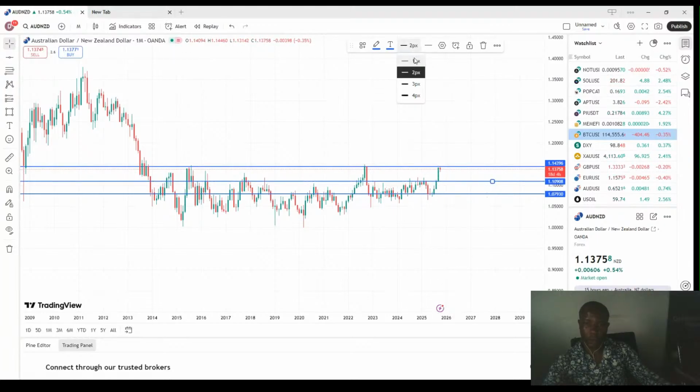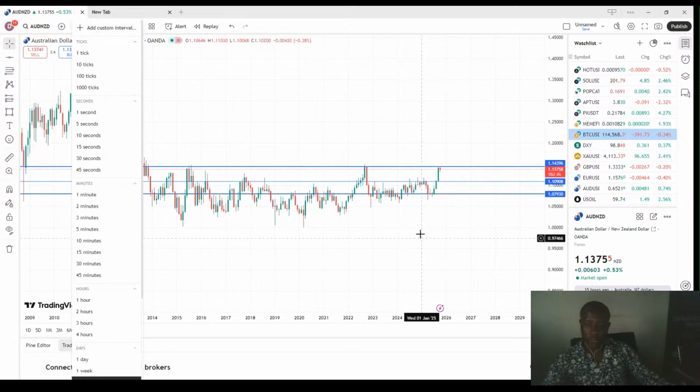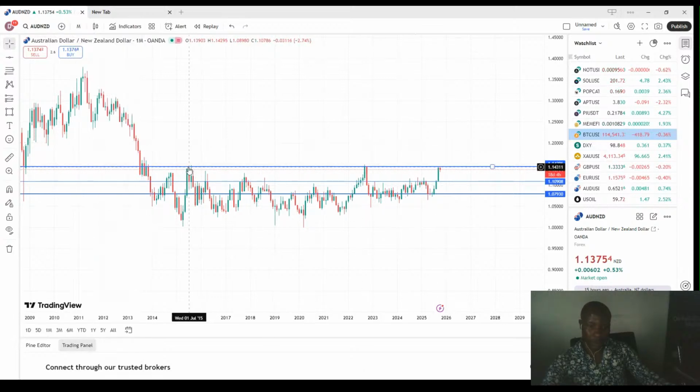This one is a minor area. We can see it's pushing to the outside, but this is the problem, because he dropped from there, one, two, and this is the third time he's touching there now. So let's see what will happen.